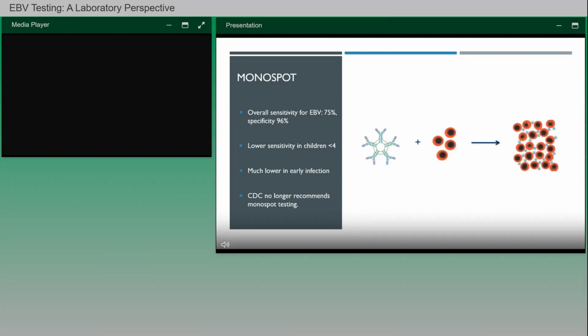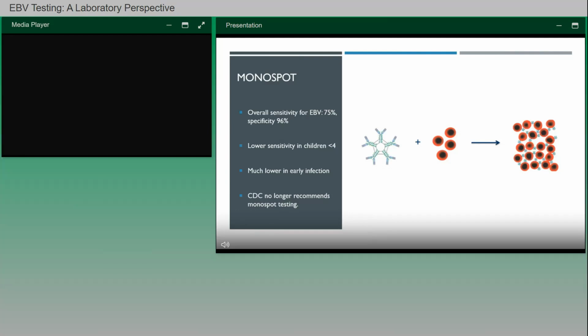And the CDC actually no longer even recommends Monospot testing, which is interesting. But the low sensitivity means that it's not always going to detect a true positive. Okay, the sensitivity is weak because during the first 2 weeks of infection, antibodies are low, so you're going to miss those. Okay, but the specificity is good. So what does that mean? That means a negative is likely to be a true negative.